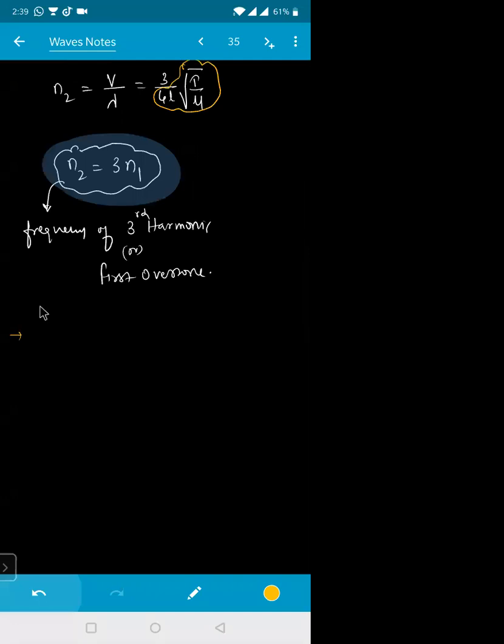Next one. This is your fixed end, and this is your string length. This is 1, this is 2, this is 3.